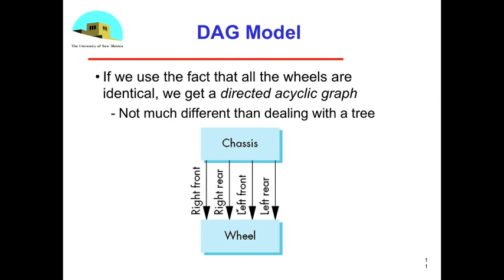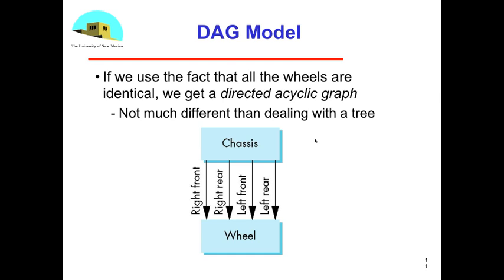And this is not a tree anymore because the wheel has essentially four parents, but you can't circle around because there are no links leaving the wheel that get you back to the chassis. Now in practice, that's not much different than dealing with a tree.